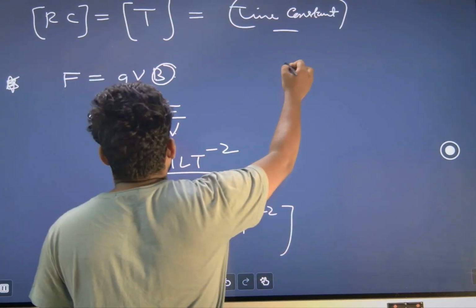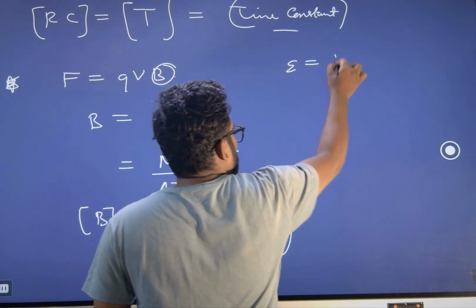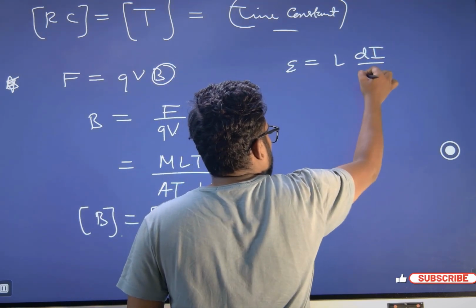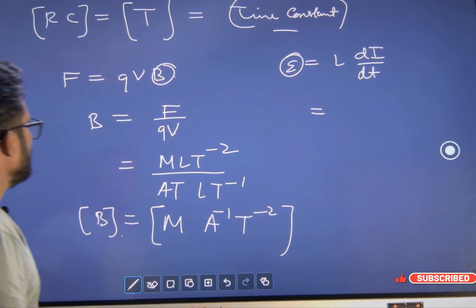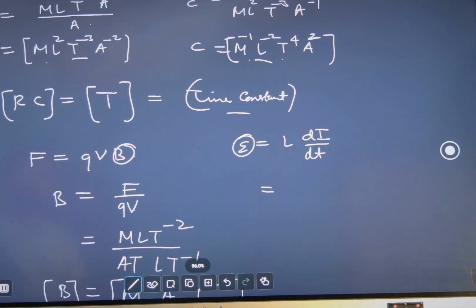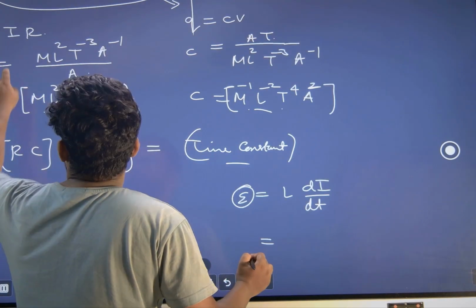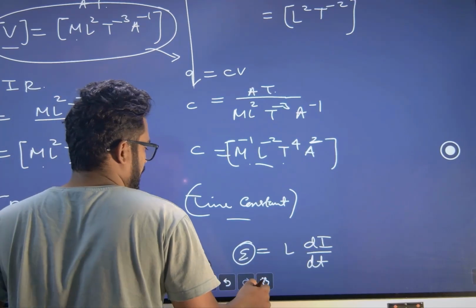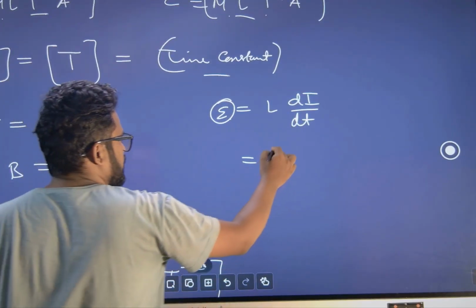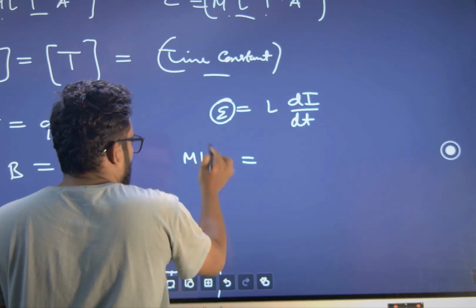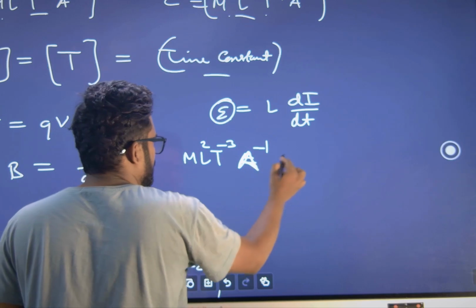One more formula we have here. If you talk about mutual EMF, it is L dI by dt. So EMF we just saw. What was the formula of voltage here? Oh, here. So EMF is ML^2T^-3A^-1.